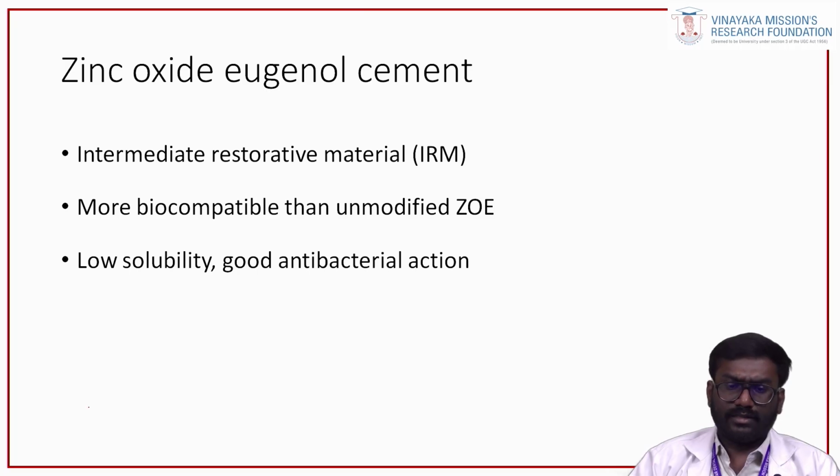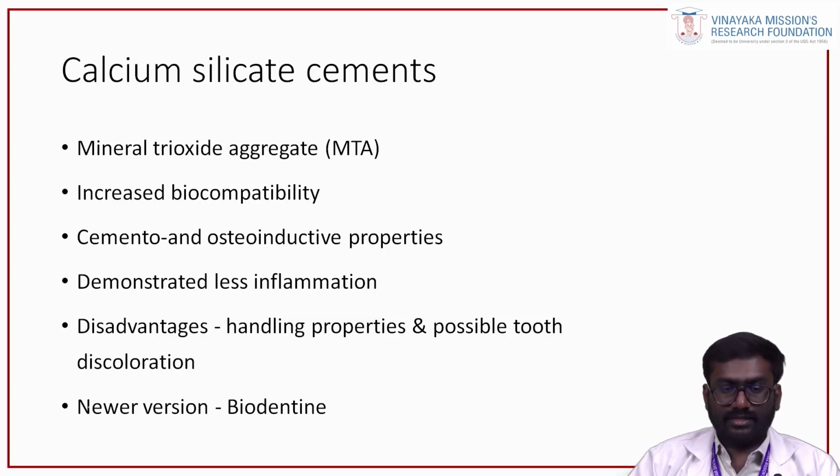Zinc oxide eugenol based cement can also be used as an intermediate restorative material. It is more biocompatible; unmodified ZOE, that is the IRM type of ZOE, can be used. It has low solubility and good antibacterial action. Calcium silicate cements such as MTA, mineral trioxide aggregate, are currently very widely used. It has increased biocompatibility and has cementoinductive and osteoinductive properties, which is why it is a more usable material than the others I mentioned before.